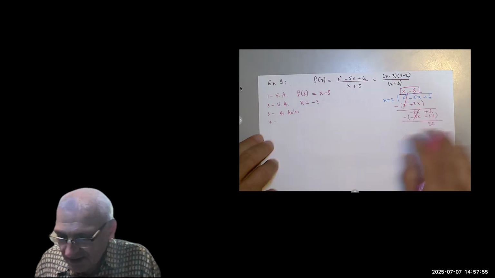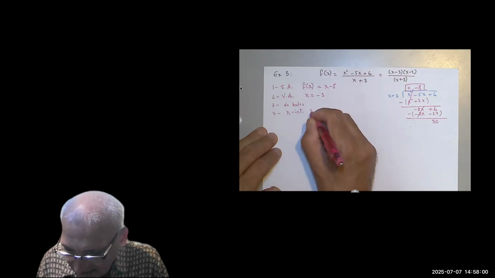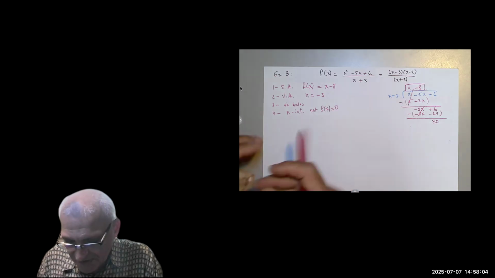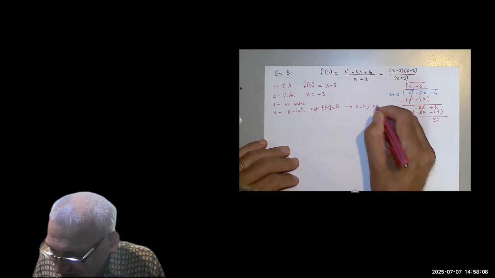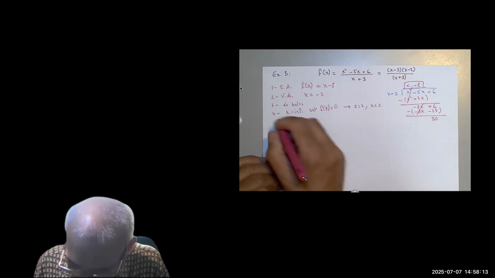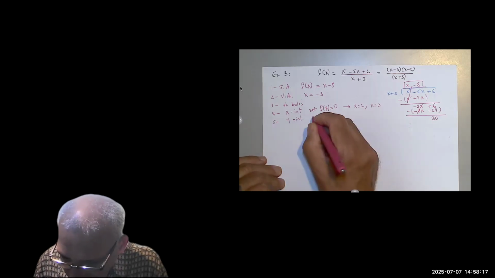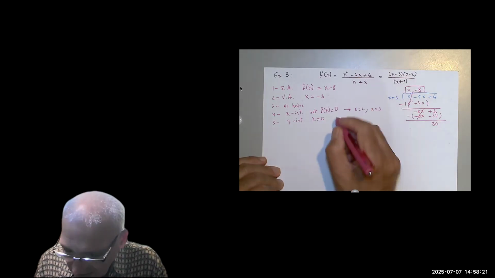Number 4, we do the x-intercept. Set f of x equals 0, meaning the numerator equals 0, so I have x equals 2 and x equals 3. That's what makes the numerator equal 0. And finally, the y-intercept, set x equals 0, so you get 6 over 3, right?